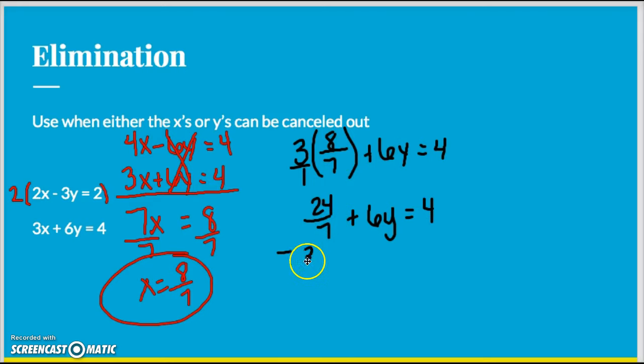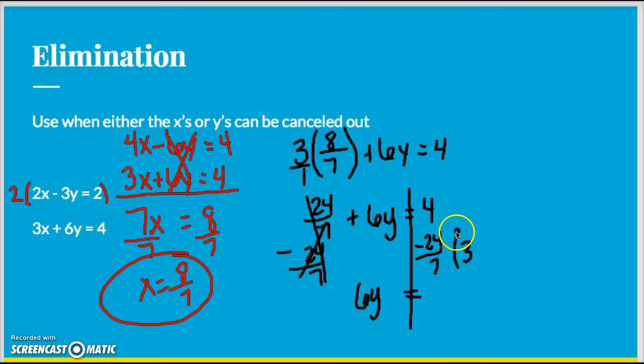I would subtract 24/7 on each side. You have 6y equals, well, I know 24/7. Well, 7 goes into 24 3 times. That puts me at 21, so I would have 3 left over. So 4 minus 3 and 3/7 would give you 4/7.